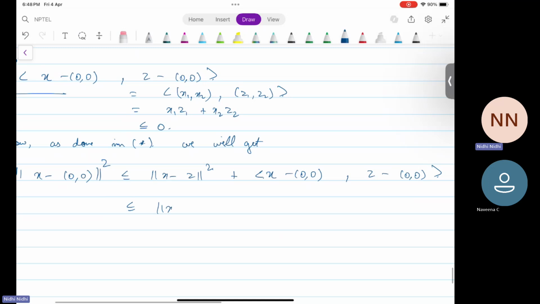So this is less than or equal to norm x minus z squared for every z in K.